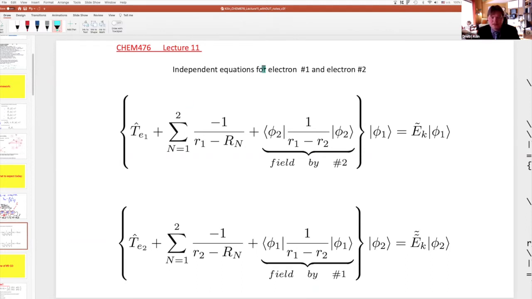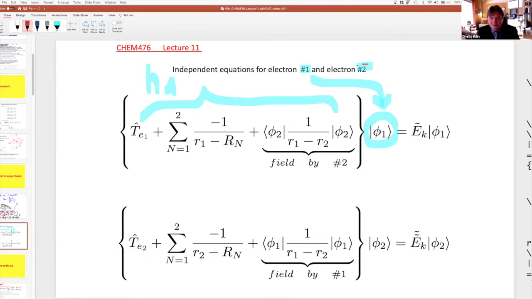So we will consider the simplest multi-electron wave function, basically composed of 2 electrons. And we will try to formulate an equation that will work for the first electron. Instead of the Hamiltonian, we will have something more complicated, like a Hamiltonian for electron 1.